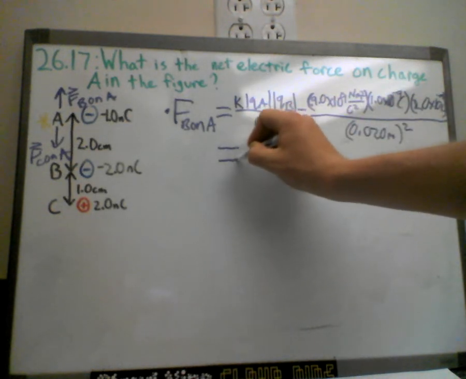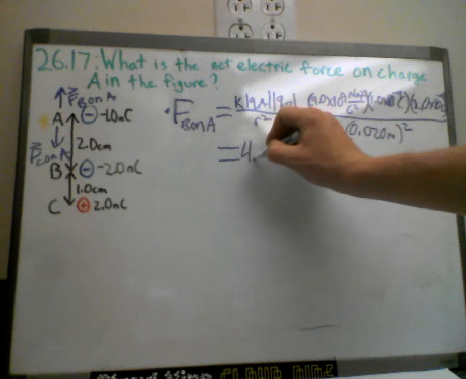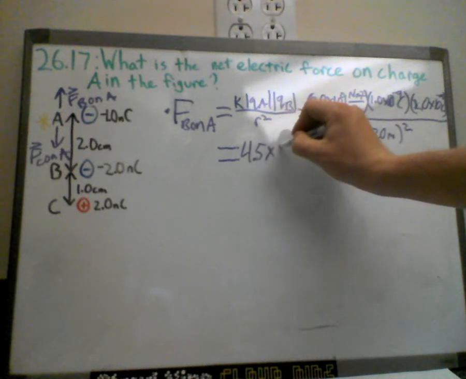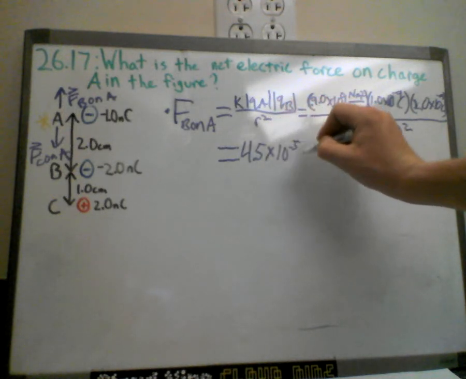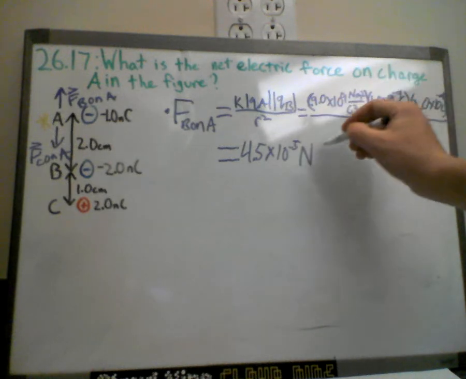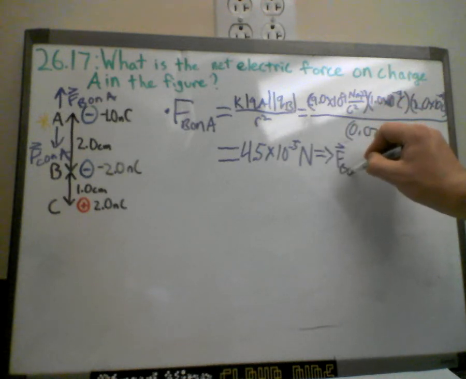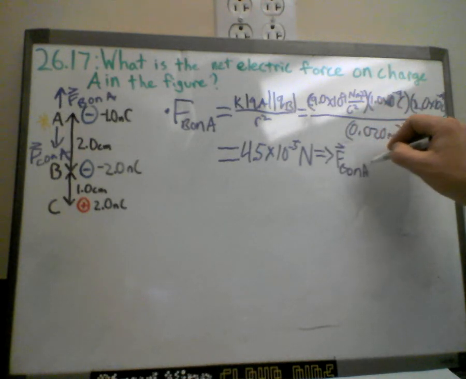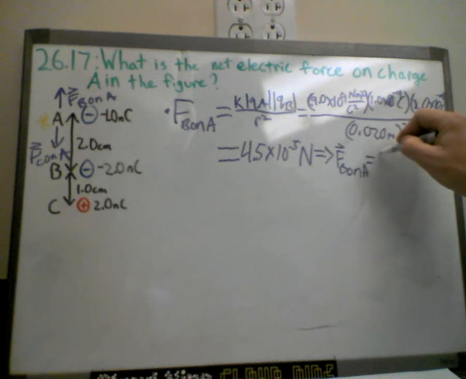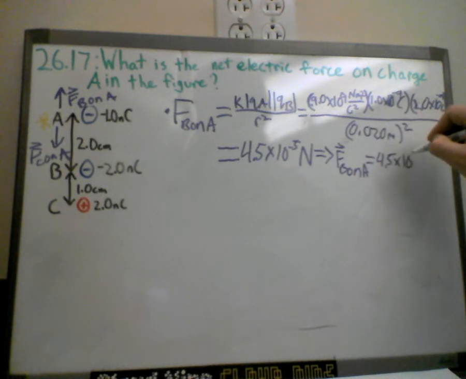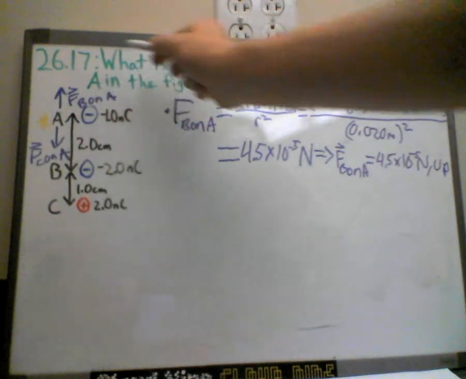And then this is equal to 4.5 times 10 to the negative 5th newtons. And so the force vector for B on A is equal to 4.5 times 10 to the negative 5th newtons in the upwards direction.